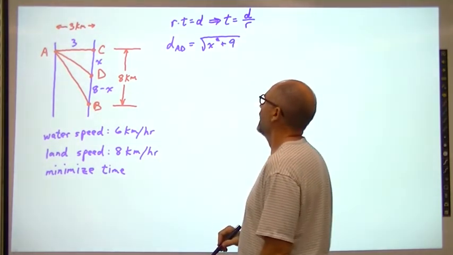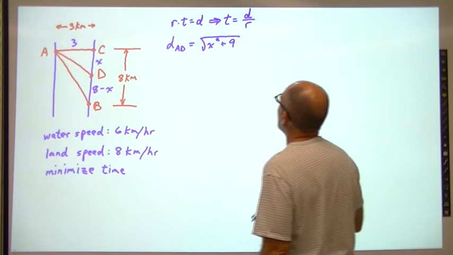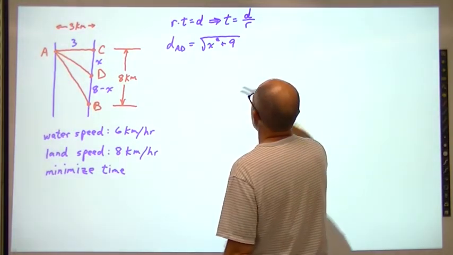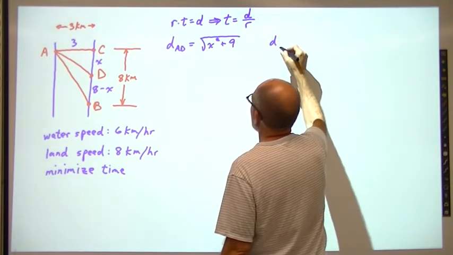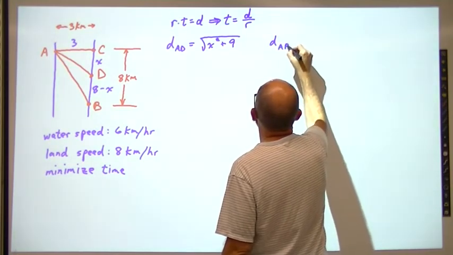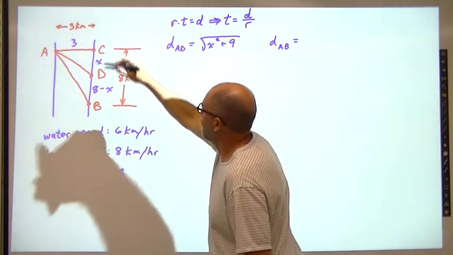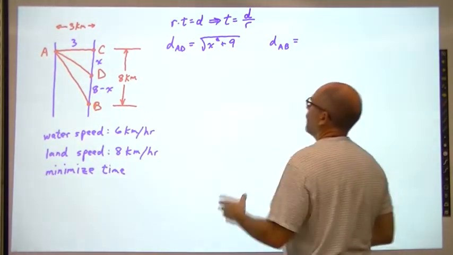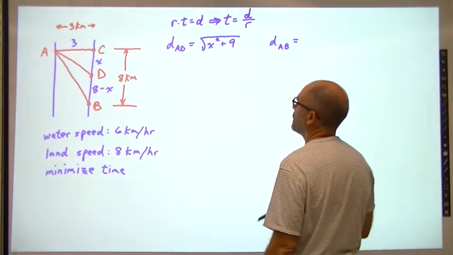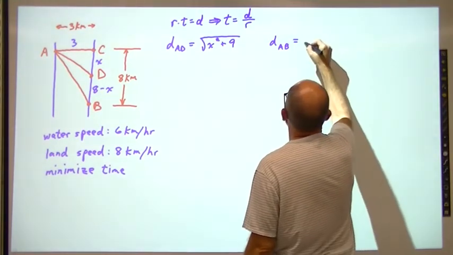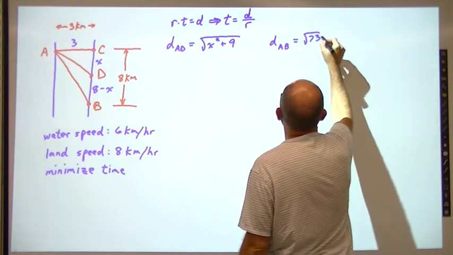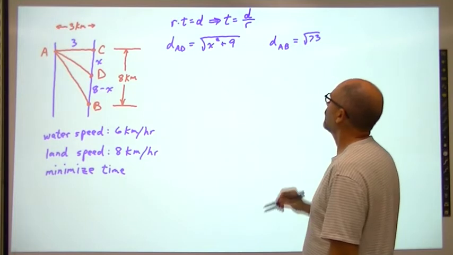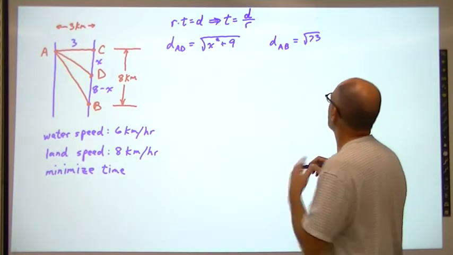That's the distance from A to D. And while we're at it, we could say the distance from A to B, if we went directly from A to B, well, we've got a 3 and an 8, and so that's going to be 64 plus 9, which is 73. So that's going to be the square root of 73 kilometers for that. And clearly, the distance from A to C is 3.